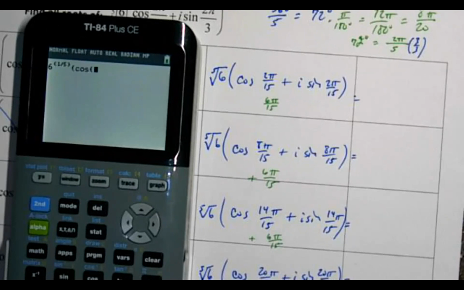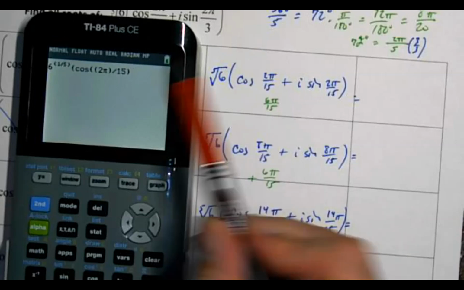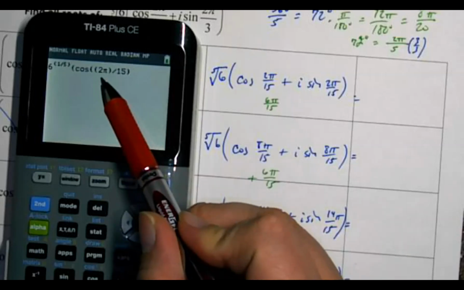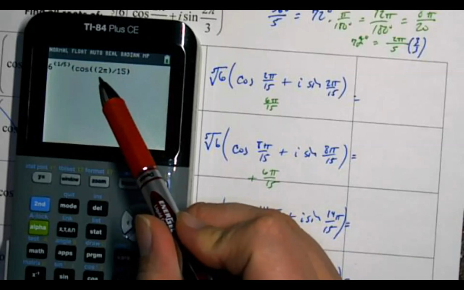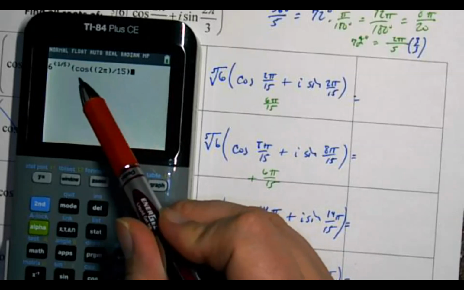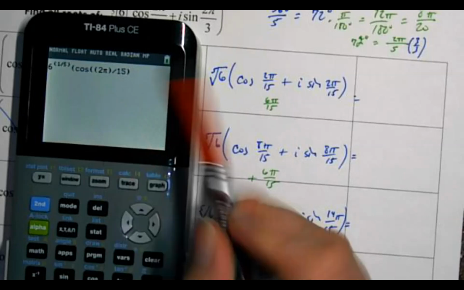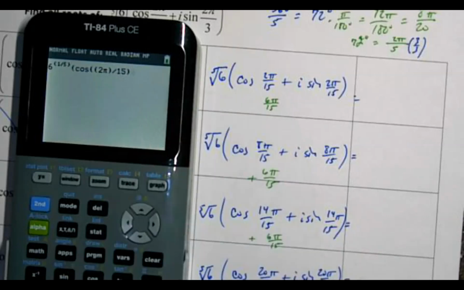So the cosine of the quantity 2 pi divided by 15. Now I did need that parenthesis there, because I don't want to take 2 multiplied times pi, the cosine of 2, then multiply that by pi. So make sure you've got parentheses. And I got to close this just because of that one I started on the outside.